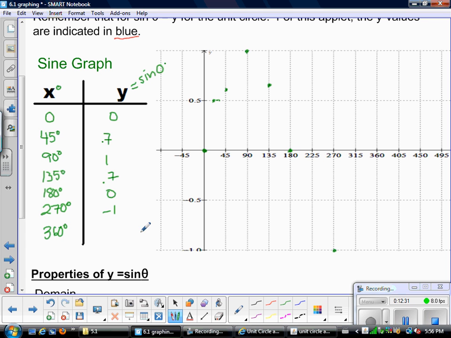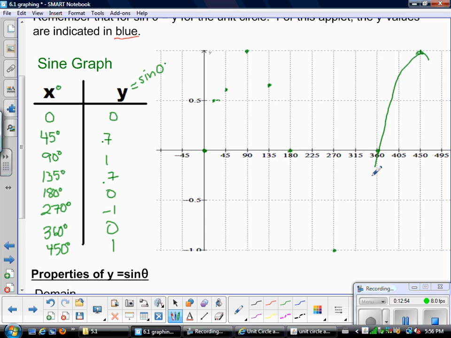Now, as I said, we could keep on going and going and going. So at 450, if you took the sine of 450 degrees on your calculator, you would find that you were at 1 again. So you can see that it's actually repeating itself.